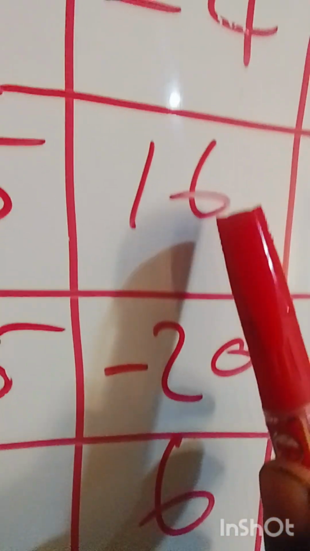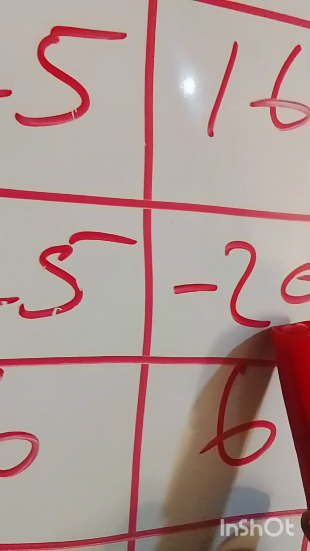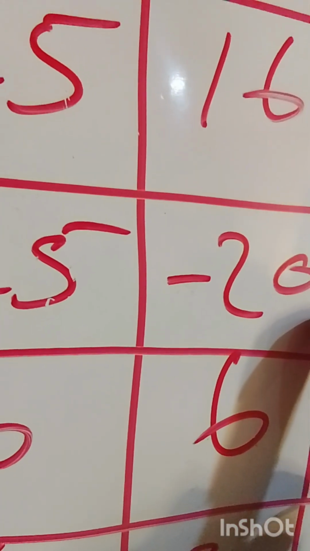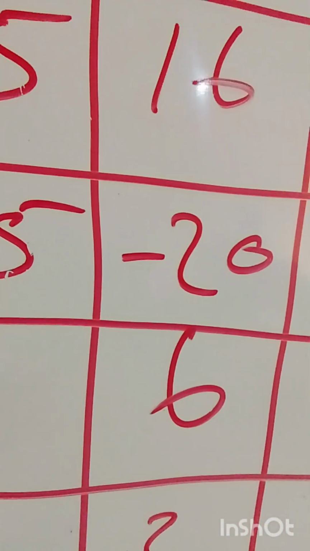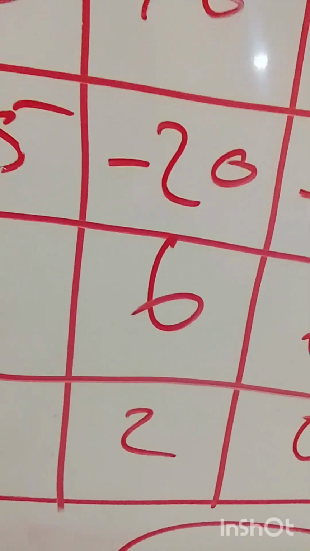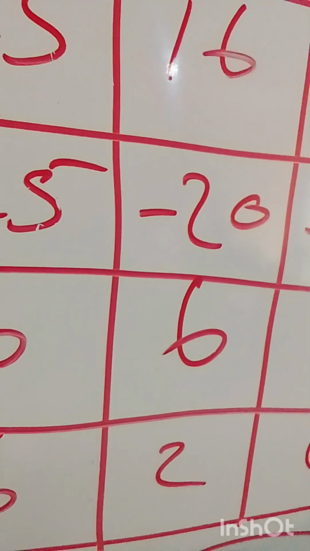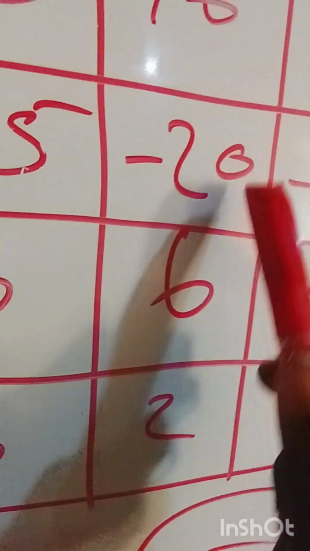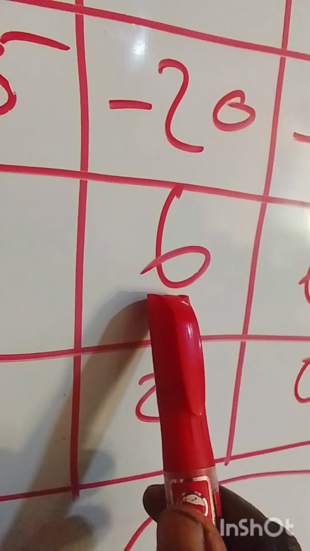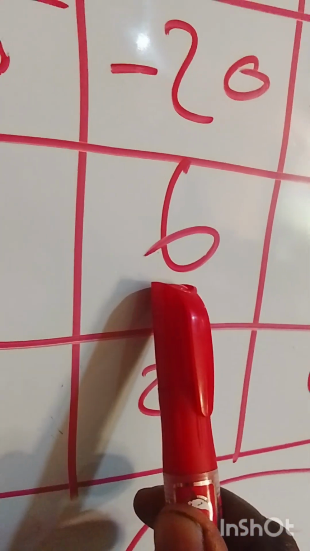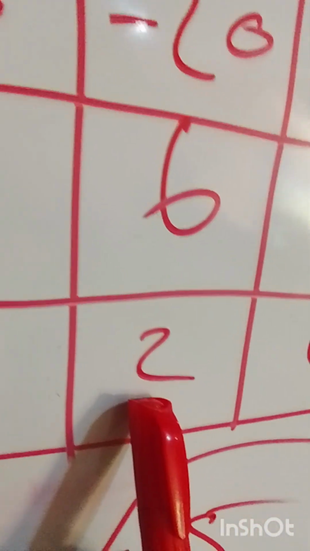Now we come back here, we say 16 minus 20. We have minus 4. When you minus 20 from 16, you will still be left with minus 4. Now, minus 4 plus 6 is 2.